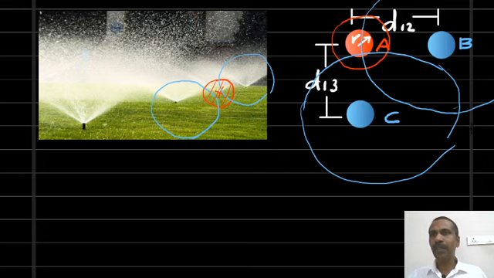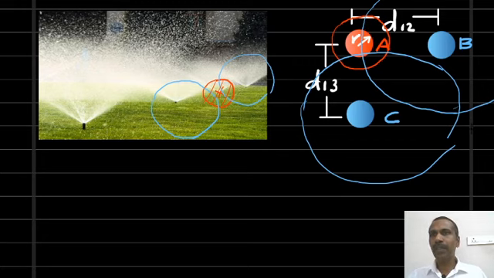So the total flux linkage on the conductor A will be psi A equal to 2 into 10 raised to minus 7, the current flowing through that conductor IA, into logarithm to the base e.